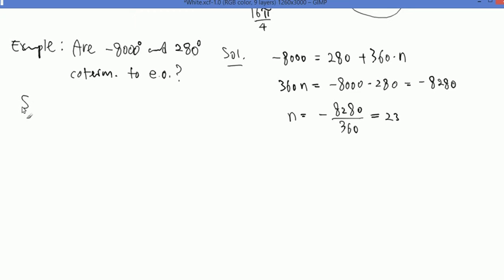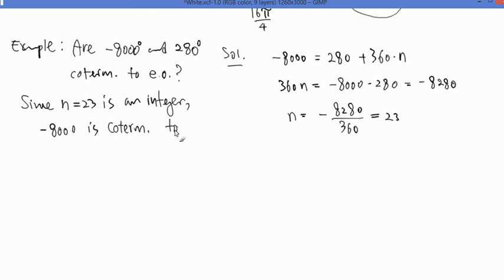Since we worked out that n is 23, an integer, we can conclude that negative 8,000 is coterminal to 280 degrees. If a guy in the street asks you whether negative 8,000 degrees is coterminal to 280 degrees, this is how you answer, right? Okay?